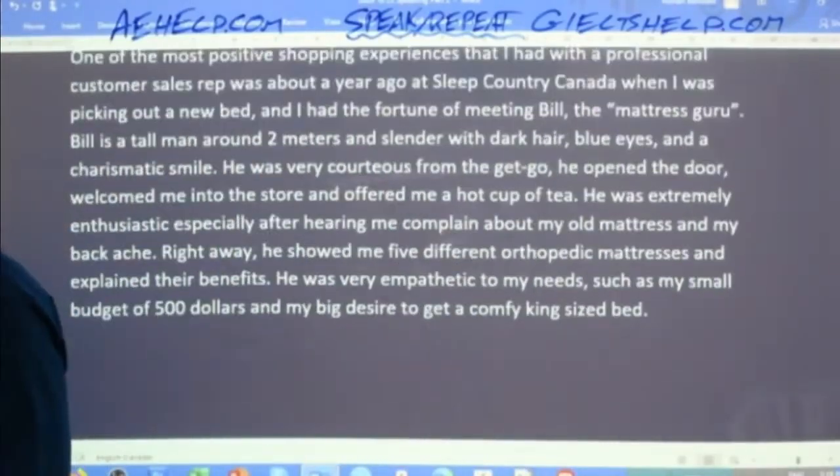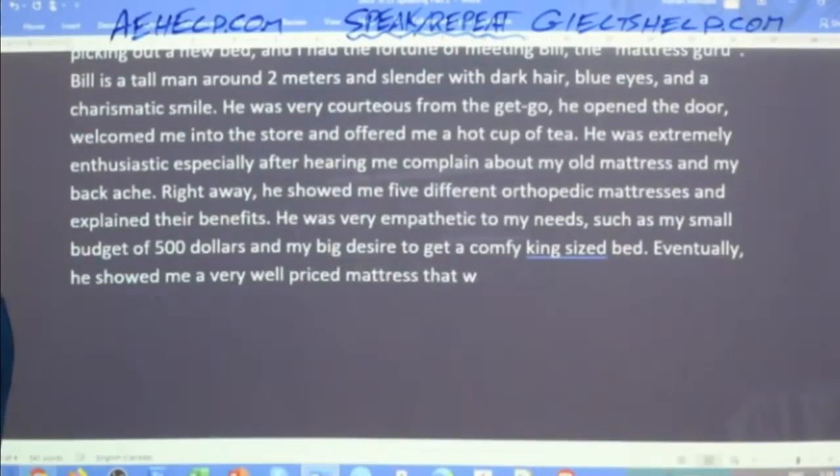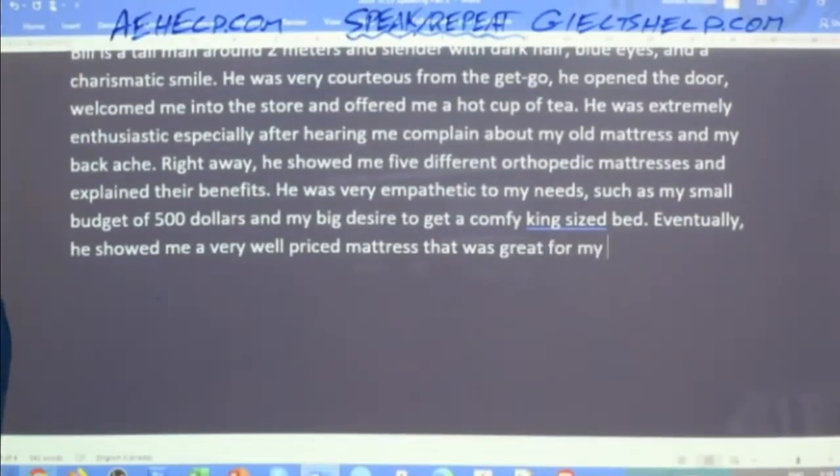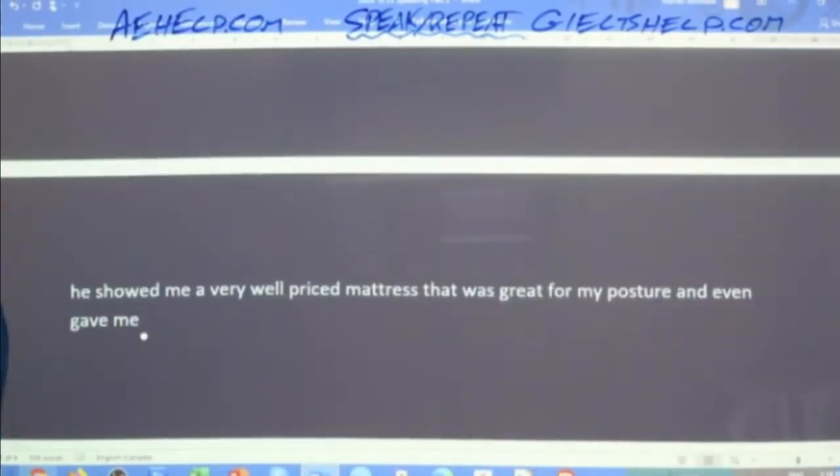So eventually, he showed me a very well priced mattress that was great for my posture and even gave me a 20% discount.